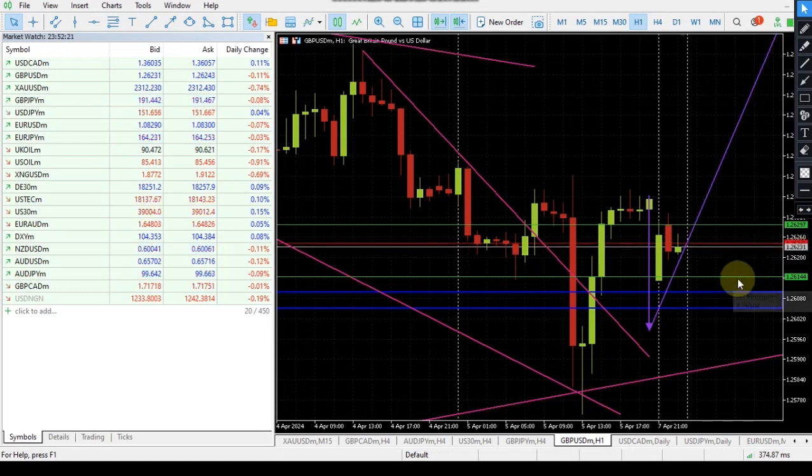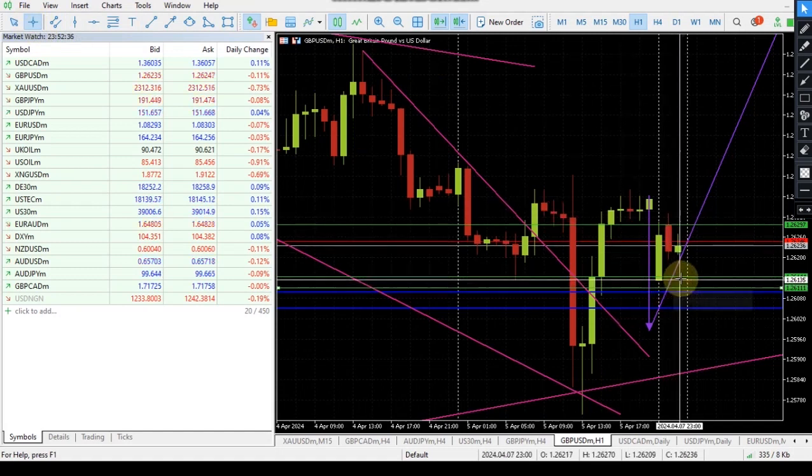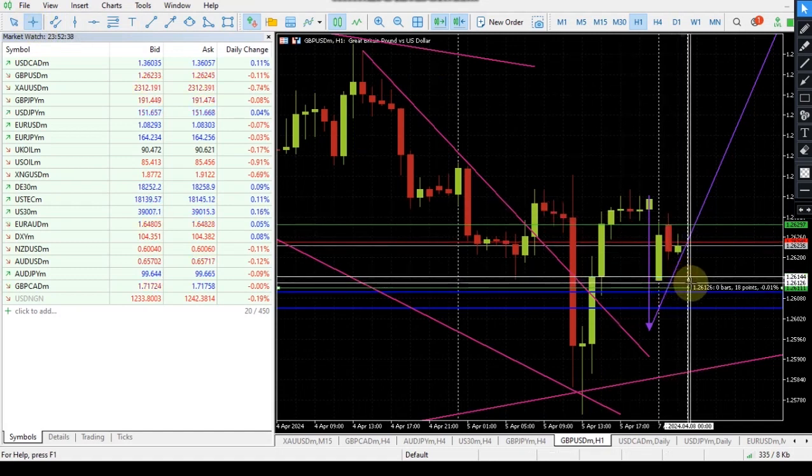Then the same thing is what you have to consider when it comes to your stop loss. As traders, the easy way we have been taught is to just use the crosshair to measure. So from this first green here to this point, you prefer your stop loss. How many pips is that?